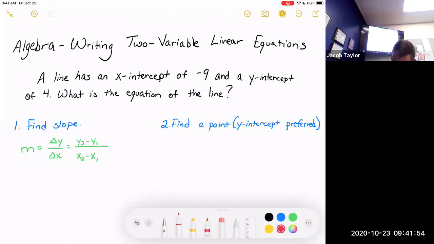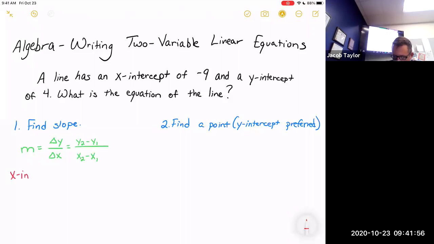We were given the x-intercept. We were told the x-intercept was -9. What is that as a coordinate? That means it's 0, -9? Close. That would be the y-intercept. How about -9, 0? The x-intercept always has 0 for the y-coordinate.